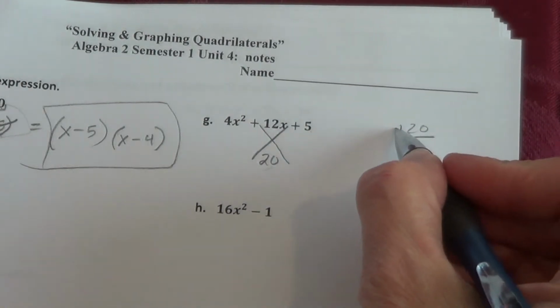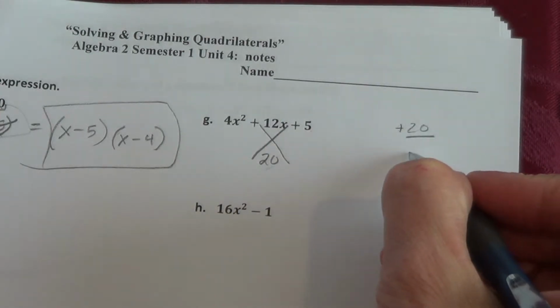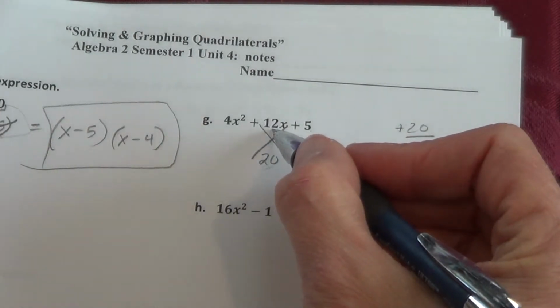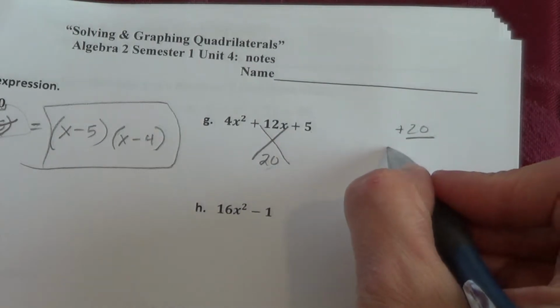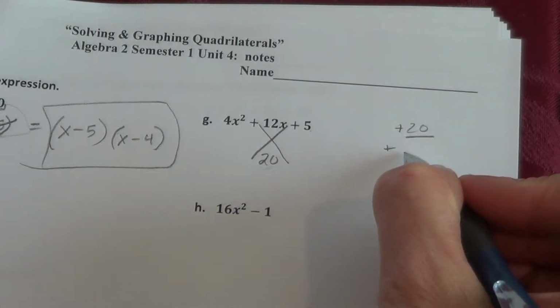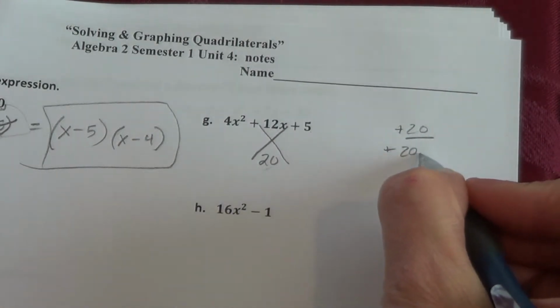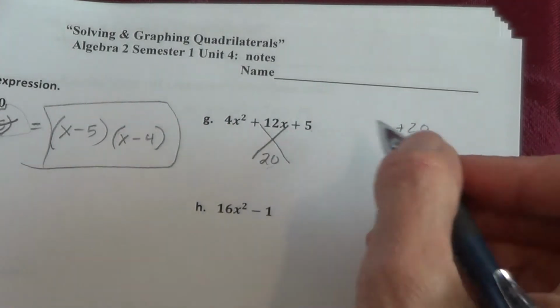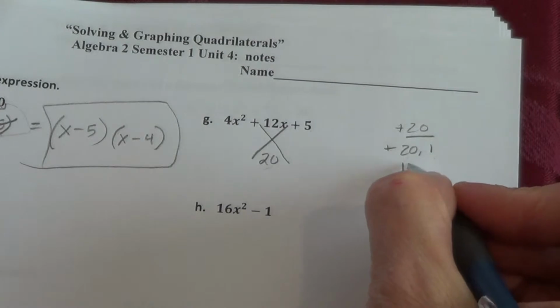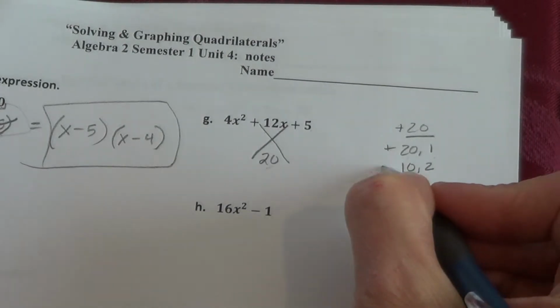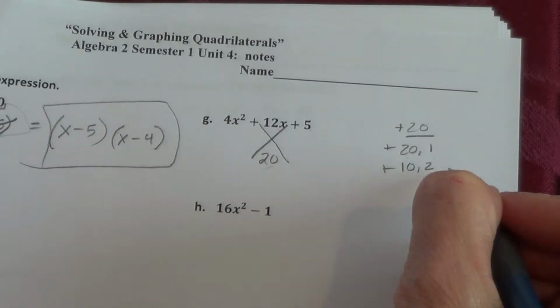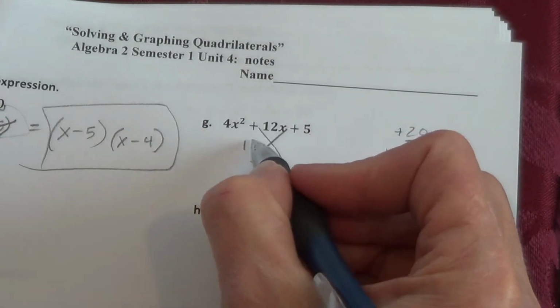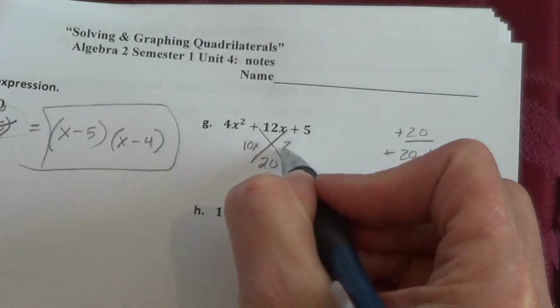Well, if it's a positive 20, we know the signs have to be the same, and if they add to be positive 12, then we know they're all positives. So we start listing the terms. 20 and 1 multiply to be 20, but they don't add to be 12. 10 and 2 add to be 12 and multiply to be 20. So we have 10x, 2x.